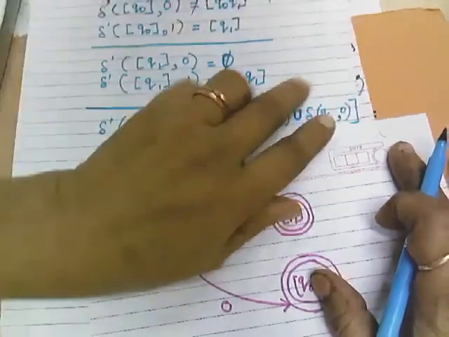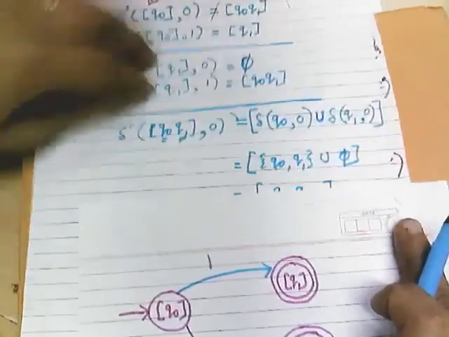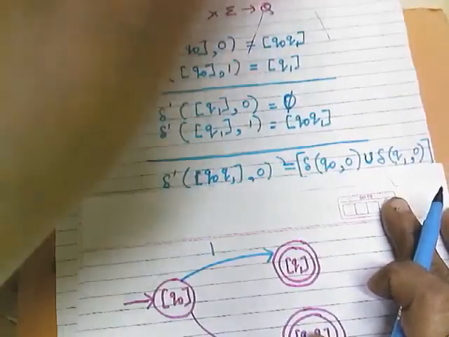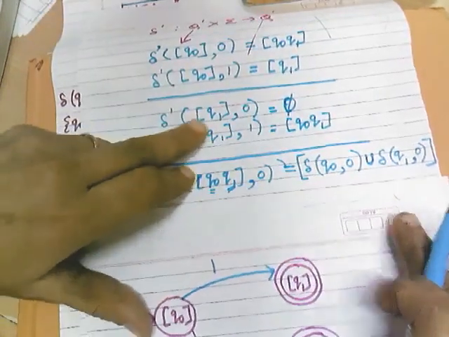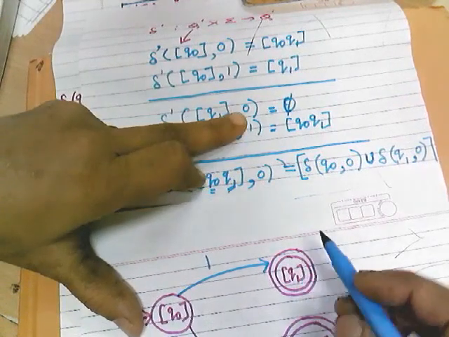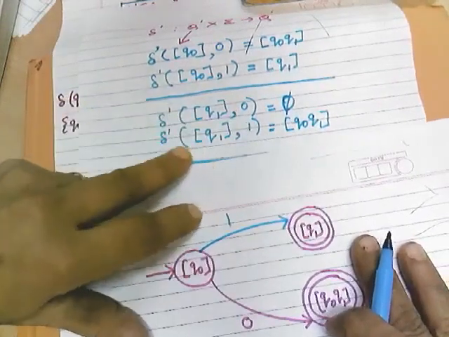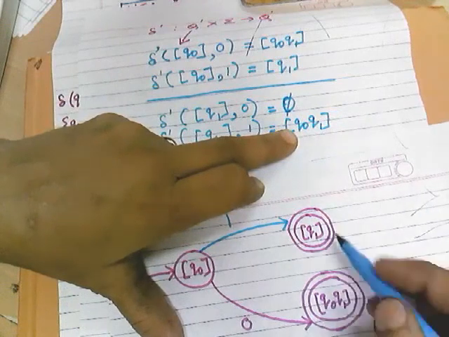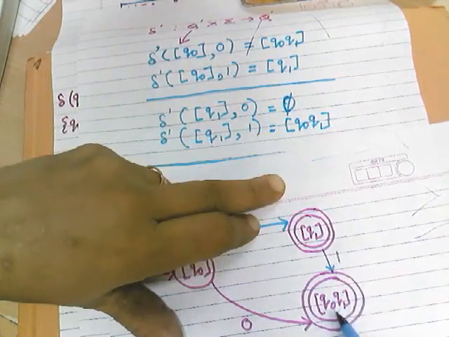Next, Q1, are you able to see? Yes. Now Q1 on 0 moves to nowhere, so no need to indicate anything. Next, Q1 on 1 moves to Q0 Q1. So Q1 on 1 moves to Q0 Q1.